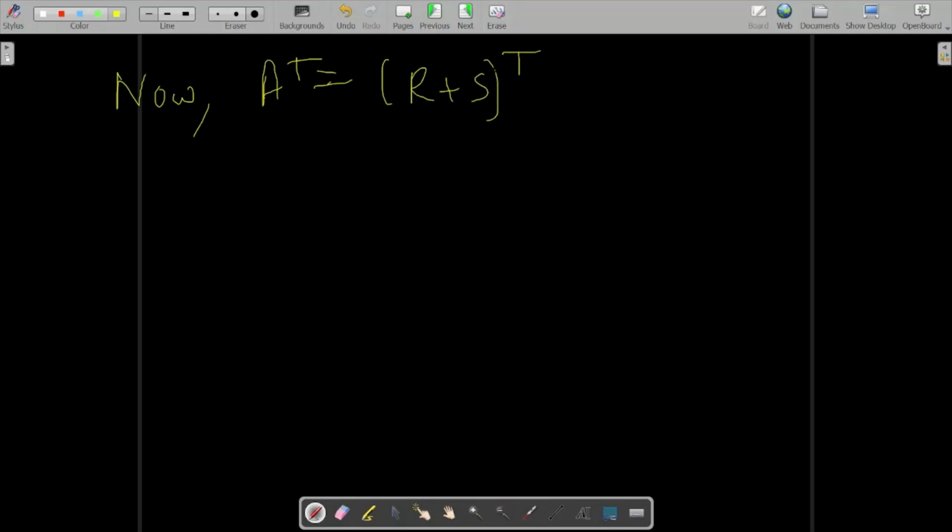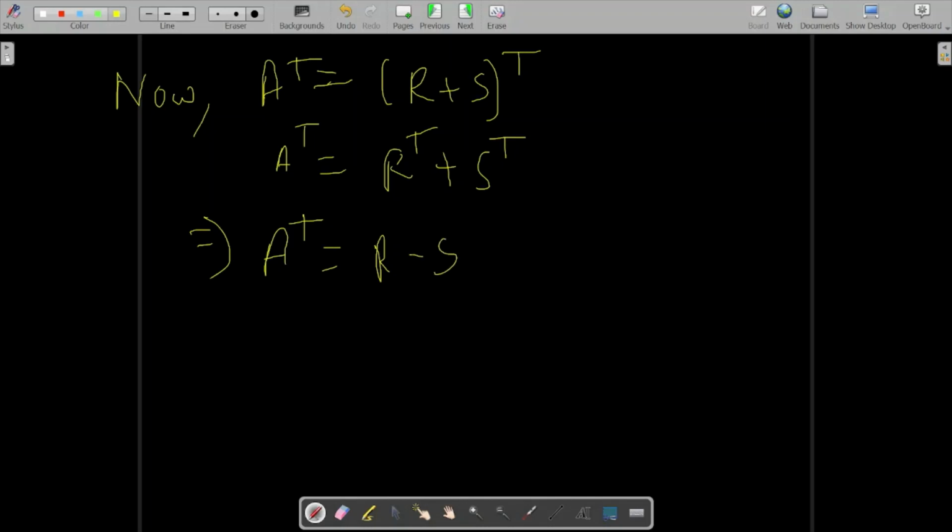So A transpose is clearly equal to R transpose plus S transpose, by distributivity. As R is symmetric, R transpose will be R, and as S is skew symmetric, S transpose will be minus S.